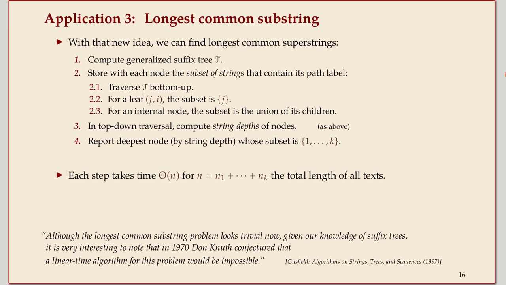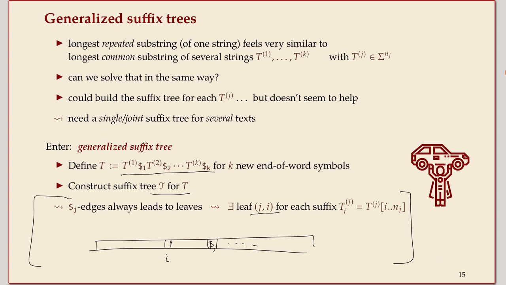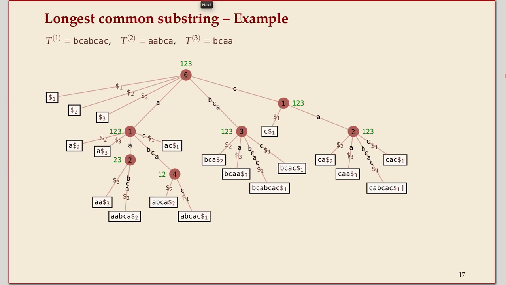Okay, example for that. Here are 3 texts. So our long concatenated text would be this $1, A, B, C, A, $2, B, C, A, $3.